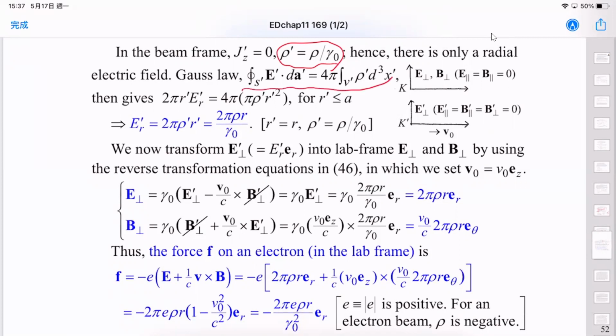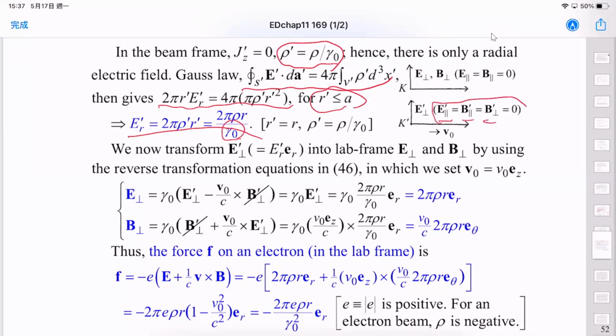So from here, you can calculate the E field. The E field inside the beam is 2 pi rho gamma divided by gamma 0. We know it's a perpendicular electric field. We transform the perpendicular electric field only, because the parallel electric field is 0, the parallel B field is 0 because there is no current, and the perpendicular B field is 0.